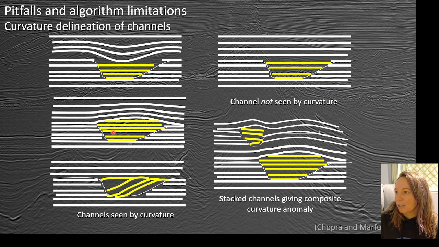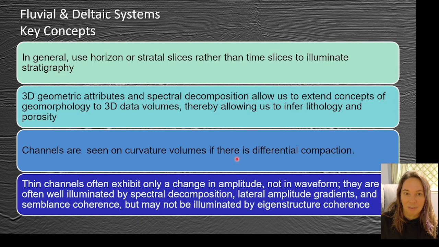Here are some examples where the channel won't be seen by curvature, whereas here we'll get that dip from compaction above it that will be picked up by curvature, or the mounding. Differential fill, you'll also pick up in curvature if your seismic data is good enough, and the same with stacked channels.